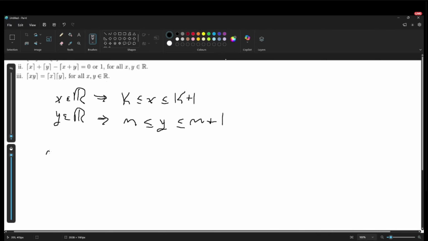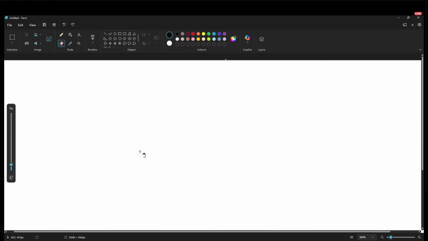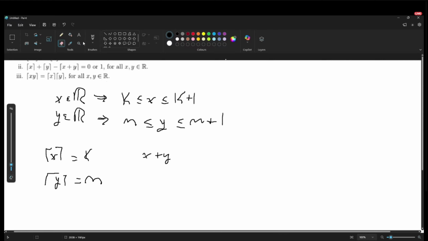So that means the floor of x is simply k, and the floor of y is simply m. And then the floor of x plus y is less than or equal to k plus... In order to solve this, you have to bound what x plus y is.